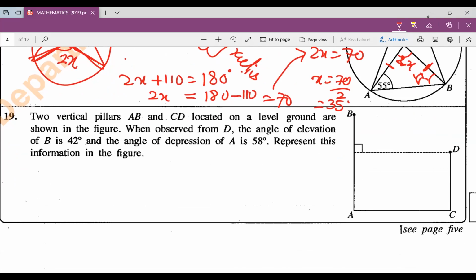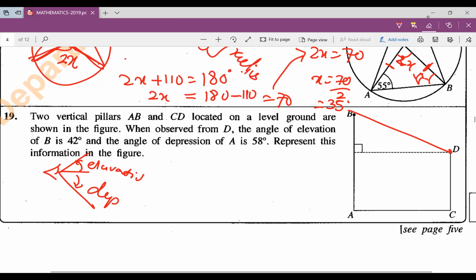So here angle of elevation means the angle above the eye level. If D is this, above is here, and the angle of depression means, if it is the eye, angle of depression means this, and angle of elevation means this. It is elevation and this is depression.